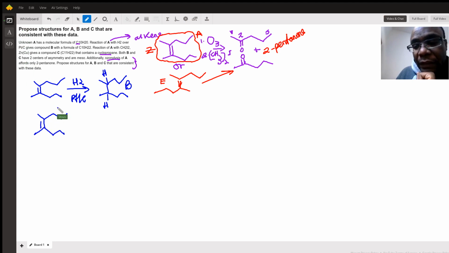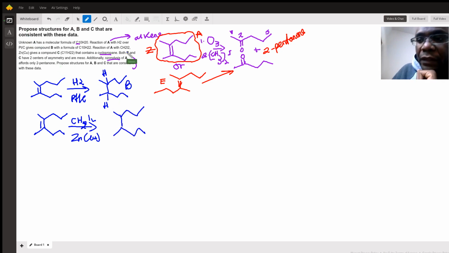Now, if I take the same A and subject it to the cyclopropanation reaction, with zinc, copper, I should add a cyclopropane across the double bond. So the CH2 will be added here. That's your CH2. You can see that you can rotate this molecule.